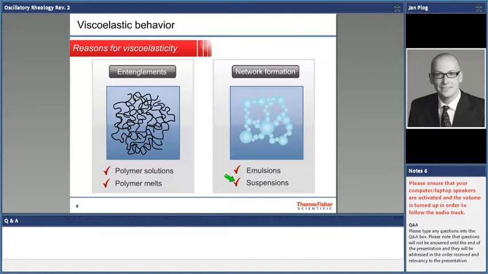As soon as you have structure, can be this or that, can be a wild mix of those, this structure enables your fluid to absorb energy elastically while you deform it.